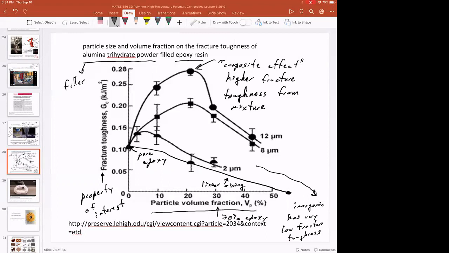And so there's a lot of examples of this composite effect in the literature where you're looking for some synergy between the two materials that you integrate into the composite, whether it's conductivity or whether it's toughness, which you often see, or whether it's something else. This is why people make composites. So if you're confused about composite materials and why you might want them, certainly higher strength is important, or in some cases, ease of processing, but also this composite effect is important as you start to think about how you might want to specify a material for the application you're interested in.